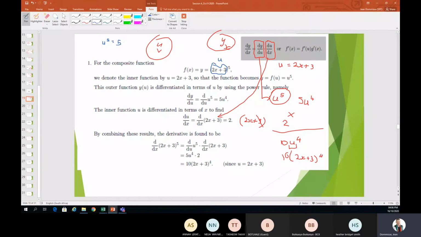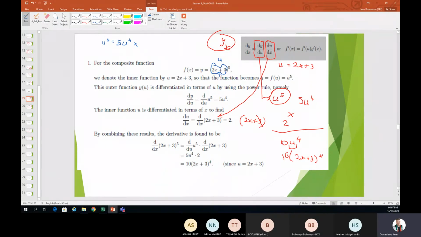That will be 5u to the power of 4, and then we need to multiply that by the differentiation of the internal term.